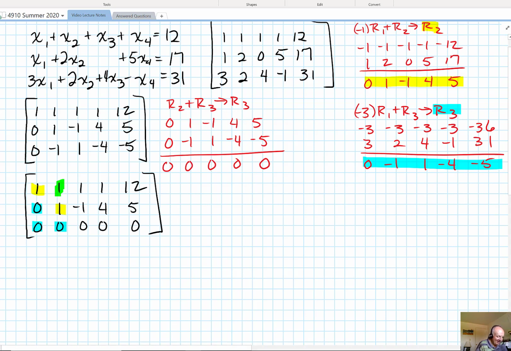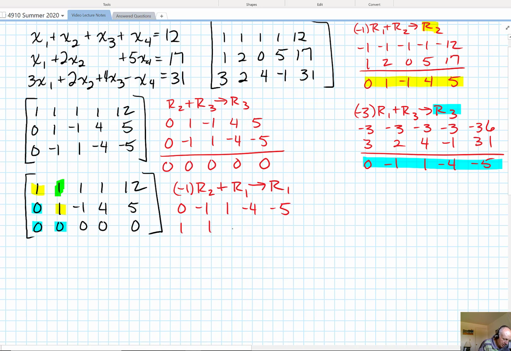So we need to eliminate that green one. So we're going to take -1 times row 2. Remember, technically what we do is we multiply the row that we're not replacing. So we're multiplying row 2, -1 times row 2 plus row 1, and replace row 1. So -1 times row 2, 0, -1, 1, -4, -5.